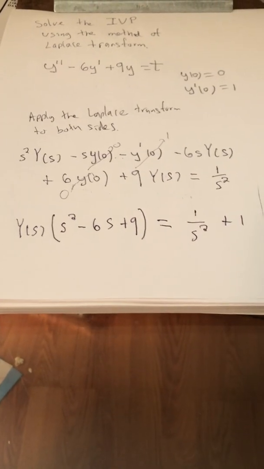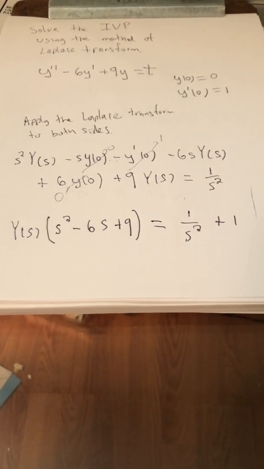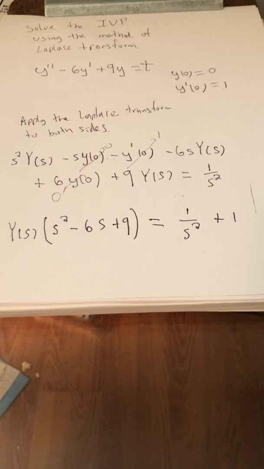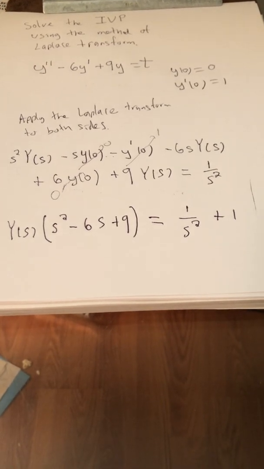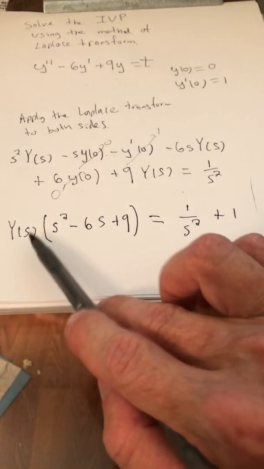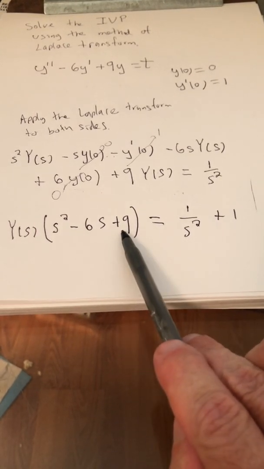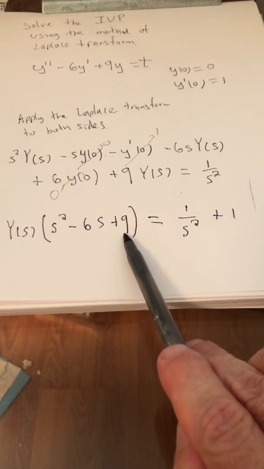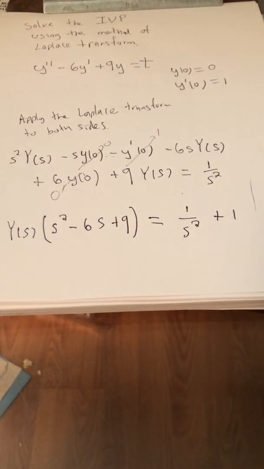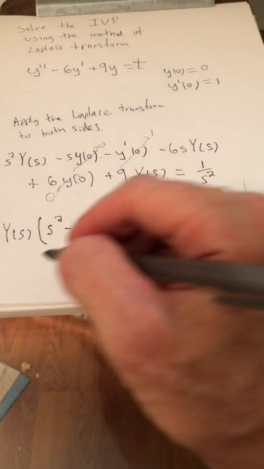So the next step for us is to solve for Y of s. Now notice that s squared minus 6s plus 9, that's actually s minus 3, the quantity squared. So what we have right now is this.